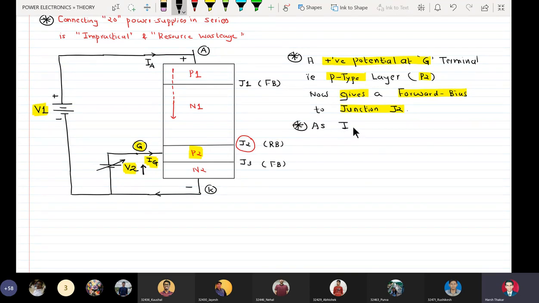As the gate current increases, the forward bias from gate side also increases.